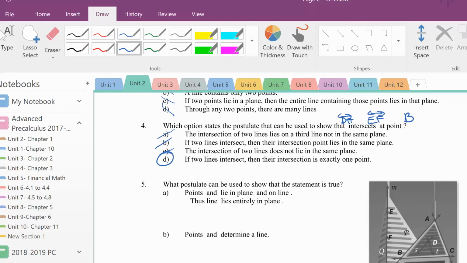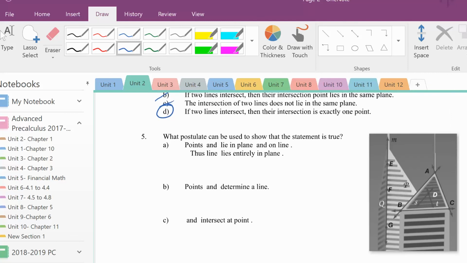All right, number 5 for part A. So we'll look at this picture here. It says points F and G lie in plane Q and on line M. So then it says, thus, line M lies entirely in plane Q. All right, so what postulate can be used for that?